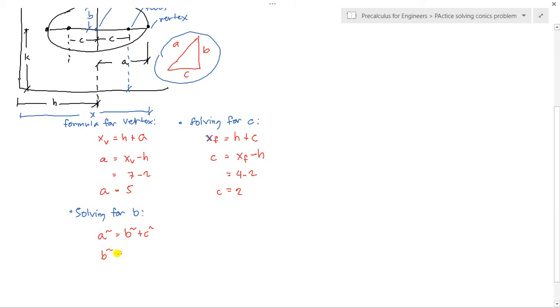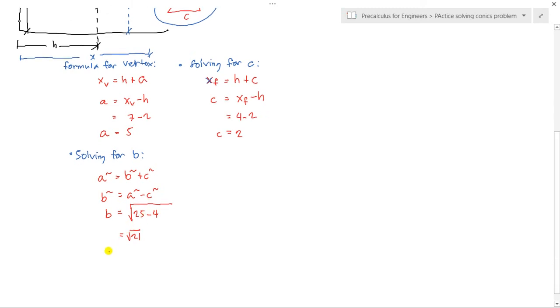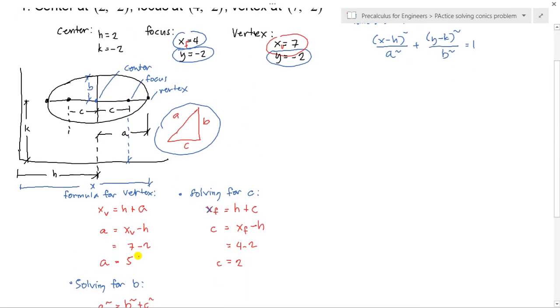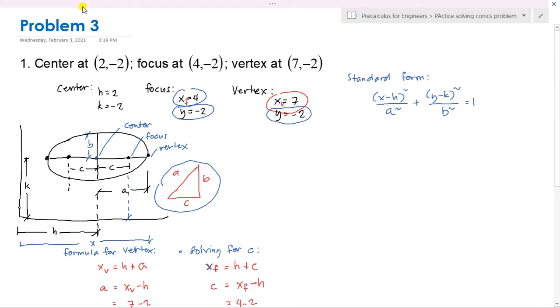So b squared is equal to a squared minus c squared. So b is the square root of 5 squared, which is 25, minus c squared, which is 4. So we have the square root of 21. So b squared is just equal to 21. Now that we have b, we can write the standard form of this ellipse.